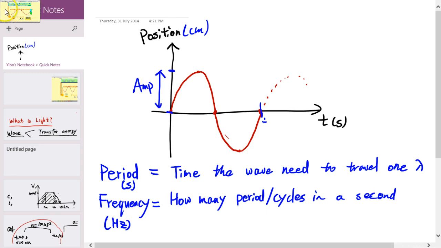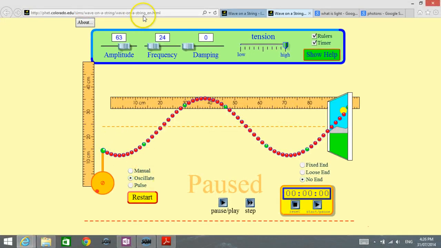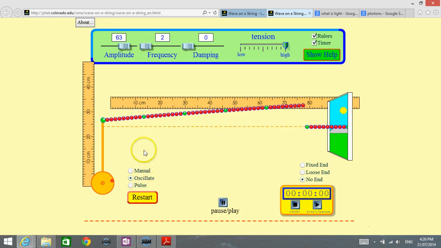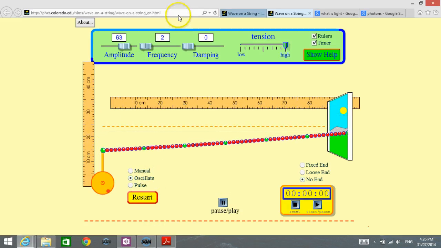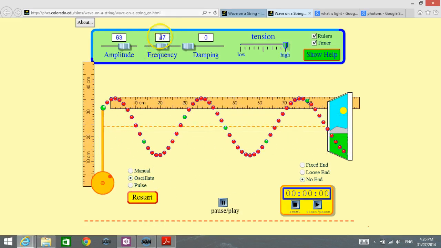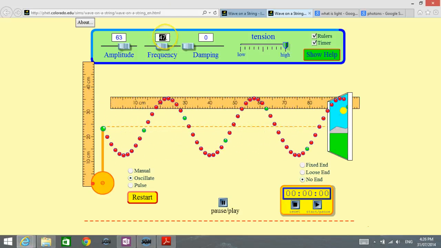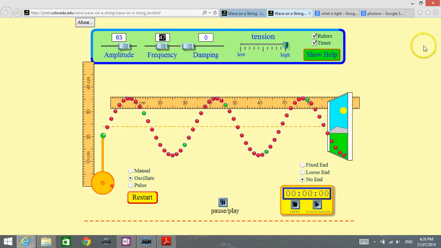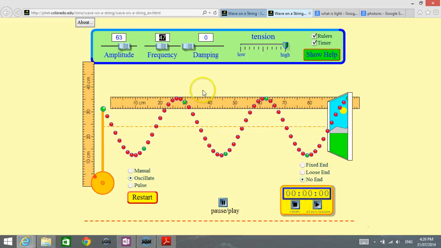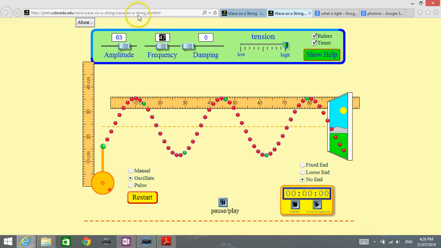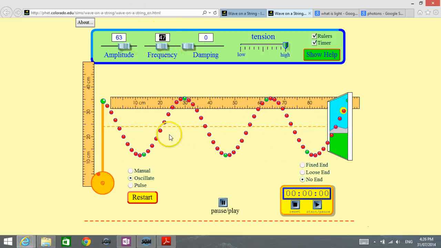Just remember this is a simulation, so it's a little bit different. If I put down the frequency as, say, 2 hertz, let me show you. Forget about the unit and the number there.